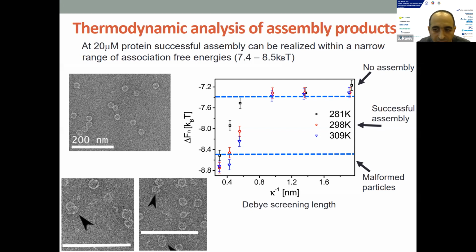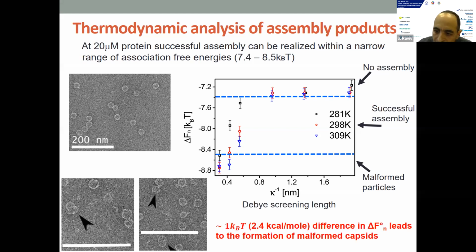It means that there is a very narrow window of association energies that lead to successful assemblies. And only 2 kcal per mole difference in the standard free energy for association between the dimers can lead to the difference between no assembly and malformed particles. So there is a very delicate balance.